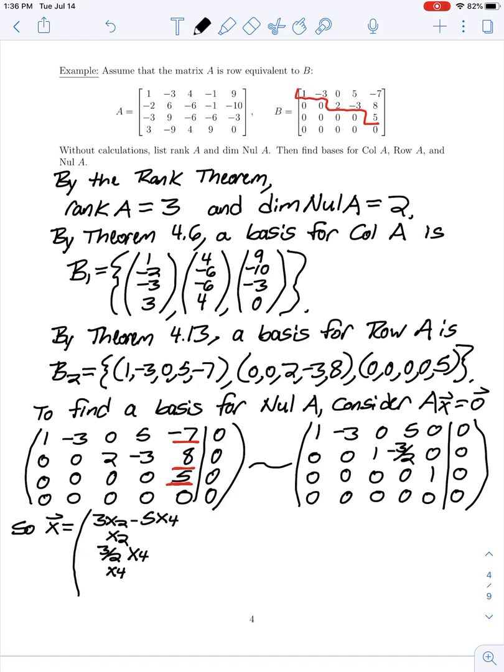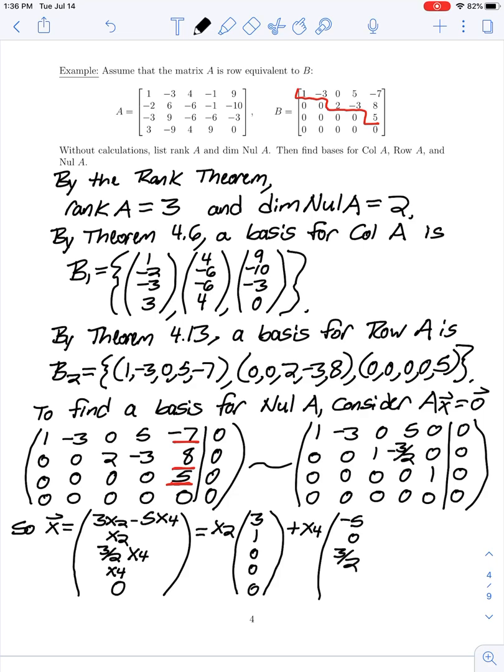And using our third row, we can see that 1x5 is equal to 0, so our last entry is 0, which we can rewrite as the free variable x2 times the vector 3, 1, 0, 0, 0, plus x4 times the vector -5, 0, 3/2, 1, 0.